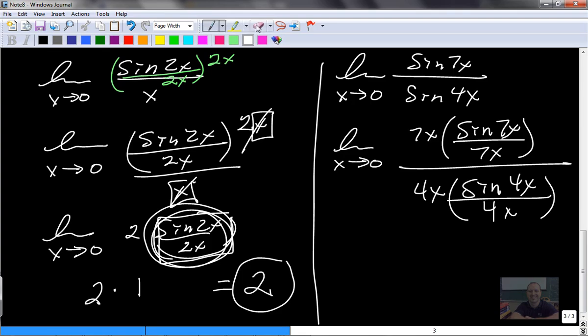Do a little simplification, and the x's are divided out there. I'll show this complete step here so there's no wondering. The limit as x approaches 0 of 7 times the limit as x approaches 0 of sine of 7x over 7x.